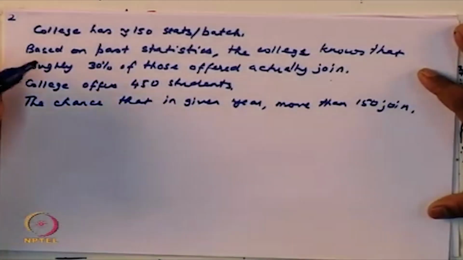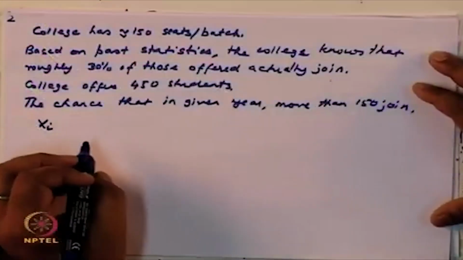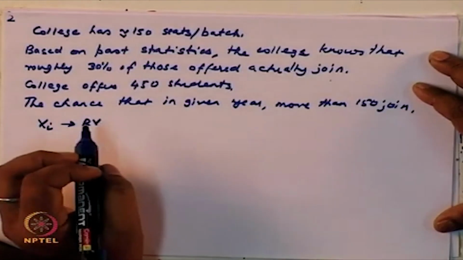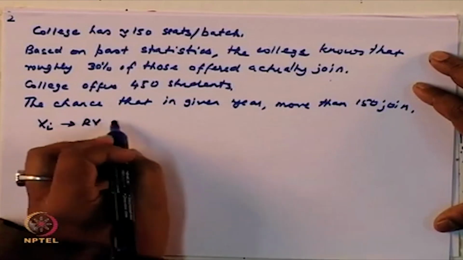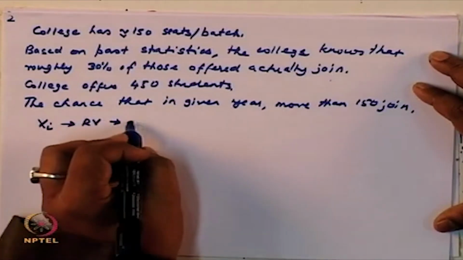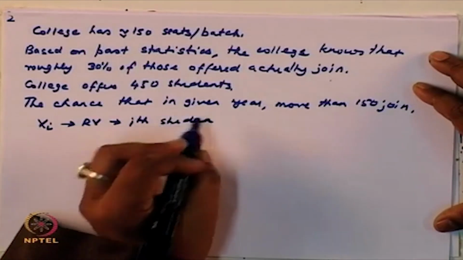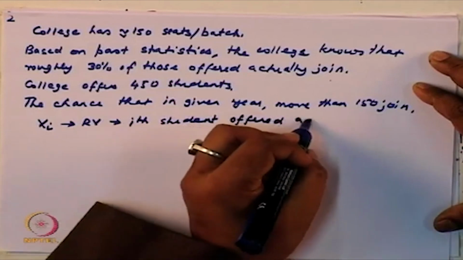So, in this case you can make use of a binomial random variable. What you can define is xi, a random variable associated with whether the ith student offered actually joins.